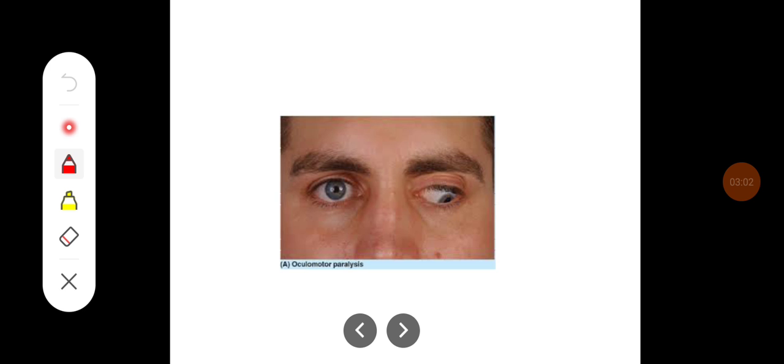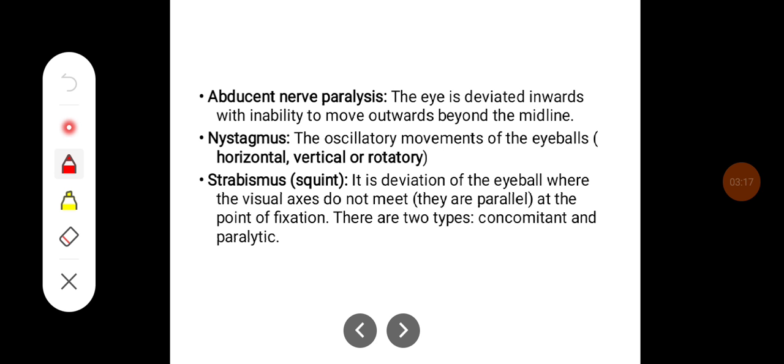So this is typically how in oculomotor nerve palsy you can see the eye is deviated outwards and downwards. In abducent nerve palsy, the eye is deviated inward with the inability to move outward beyond the midline.